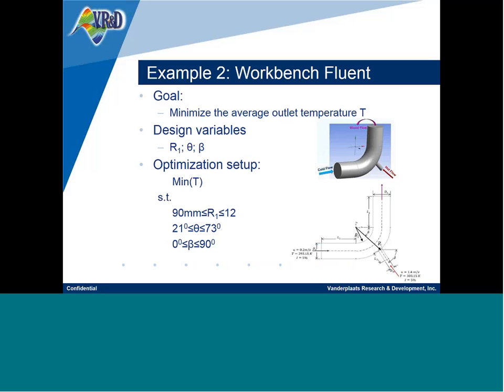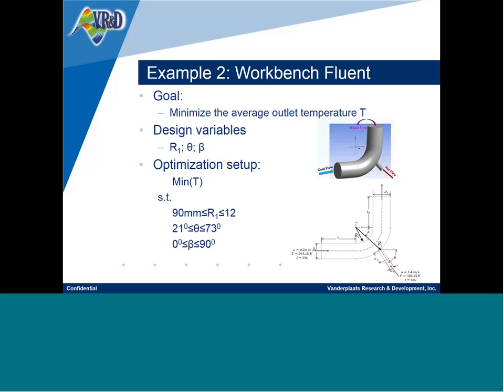The second example will show how to couple VisualDOC with ANSYS Workbench Fluent. This is the outlet, and the cold flow is injected into the pipe through the big inlet, and the hot flow is injected into the pipe through the small inlet.